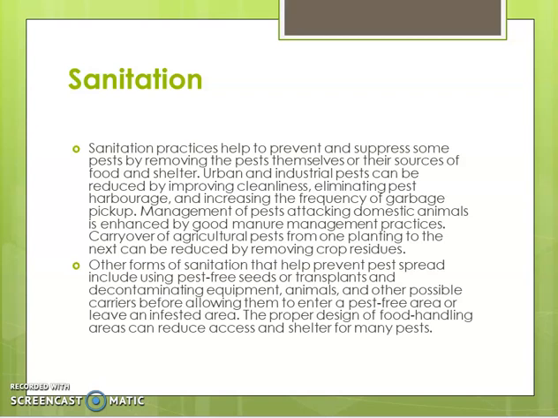So you buy your seeds from reputable sources, from reputable companies, or transplant, or you decontaminate the equipment, the animal or other possible carriers before allowing them to enter a pest-free area or leave an infested area. So proper design of food handling areas can reduce access and shelter for many of these pests.